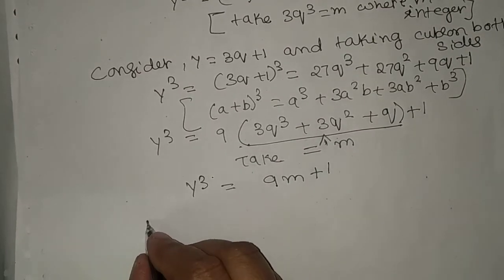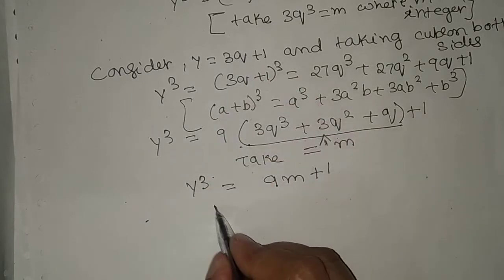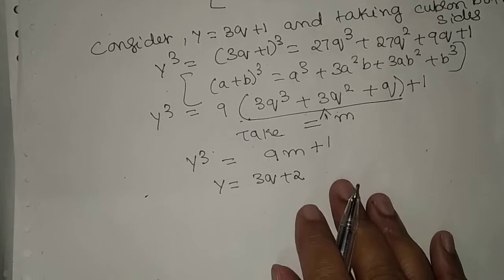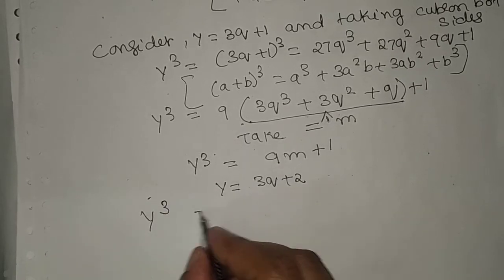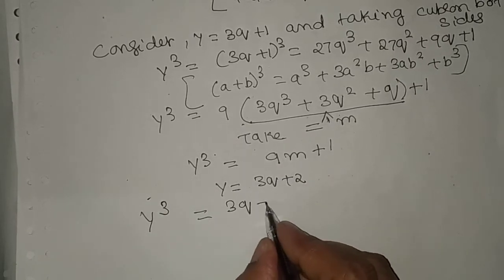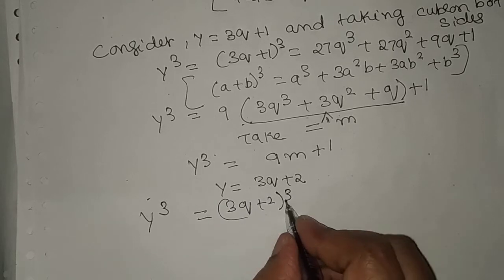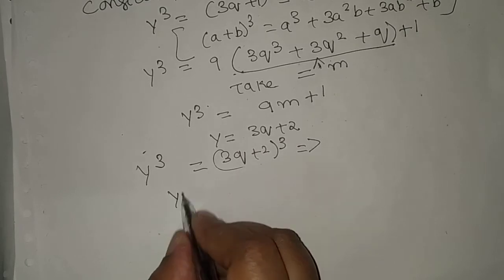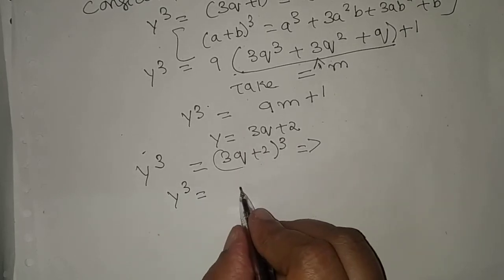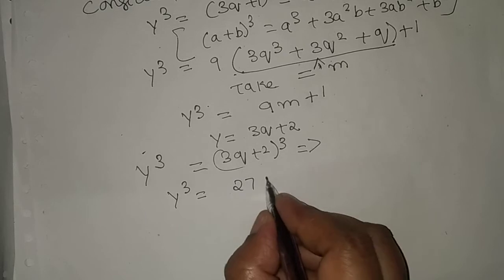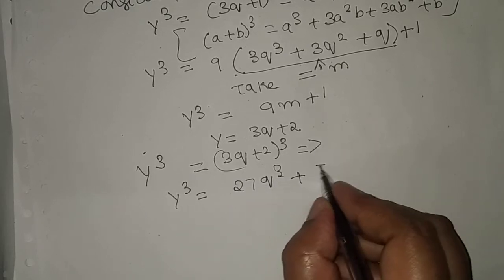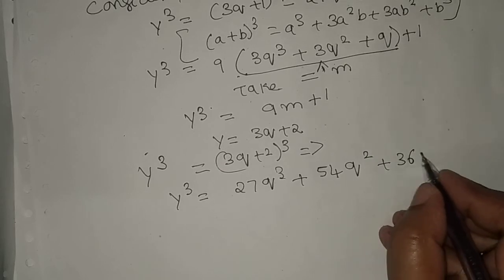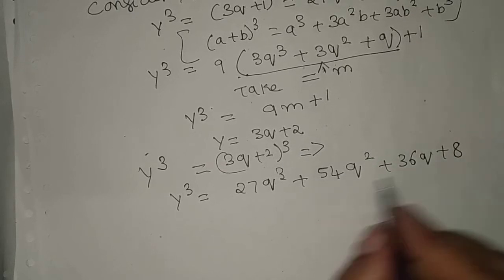Similarly next one also same thing, then y is equal to 3q plus 2, cube on both sides, that is y cube is 3q plus 2 the whole cube, which is also a plus b whole cube form: 27q cube plus 54q square plus 36q plus 8.